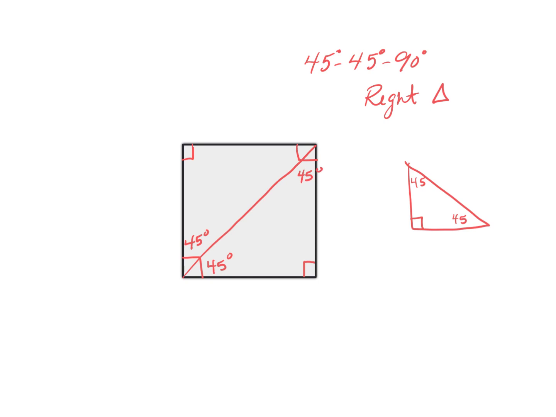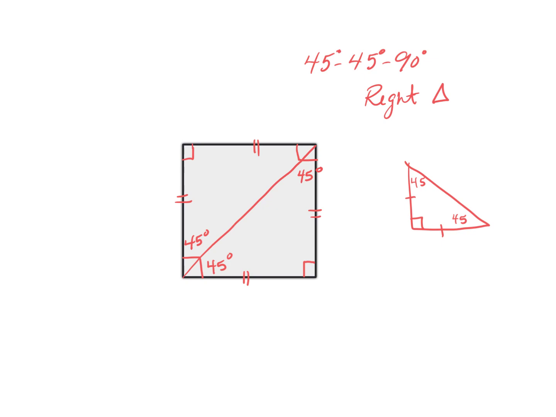So that's how we get a 45-45-90 triangle. Now, because this is part of a square, all the side lengths are congruent. Okay, so that means the 2 legs of my right triangle will have the same length.